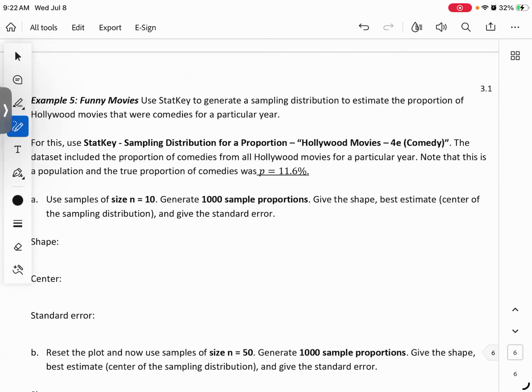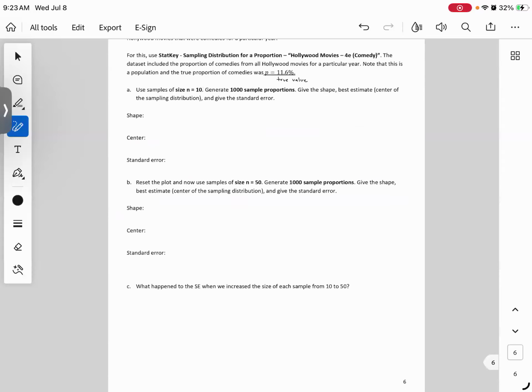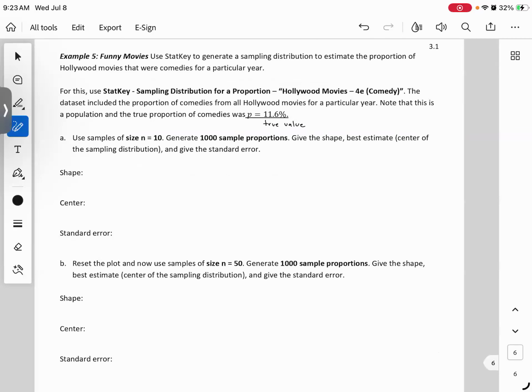I can't remember what year it was, but they found out exactly the true value: 11.6% of them were comedies. Now, what I want to do mainly in this last example is show you, what if we were to do samples of size 10 versus samples of size 50? What would it do to the shape of the graph?